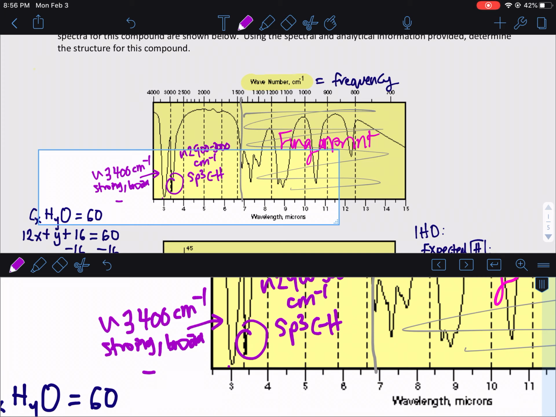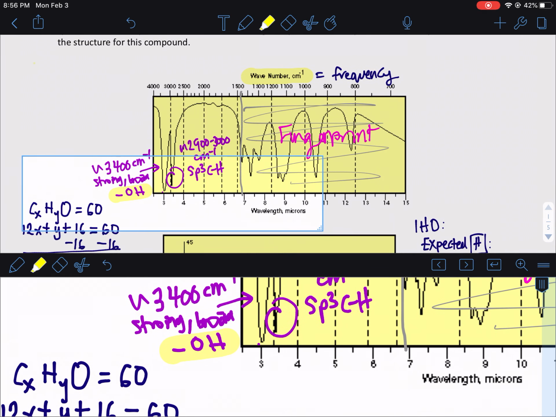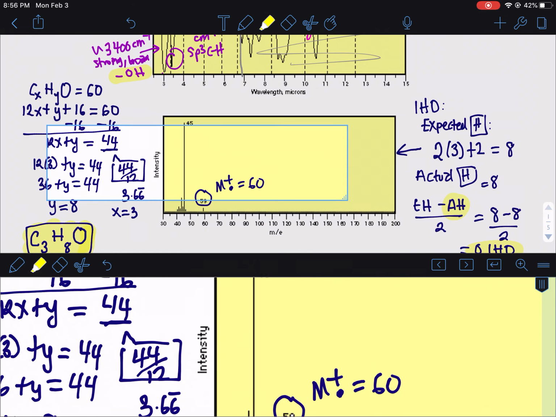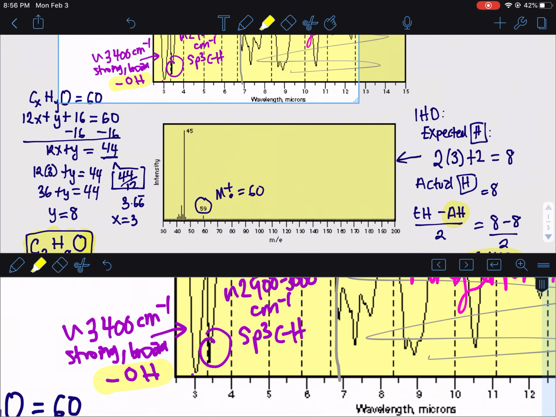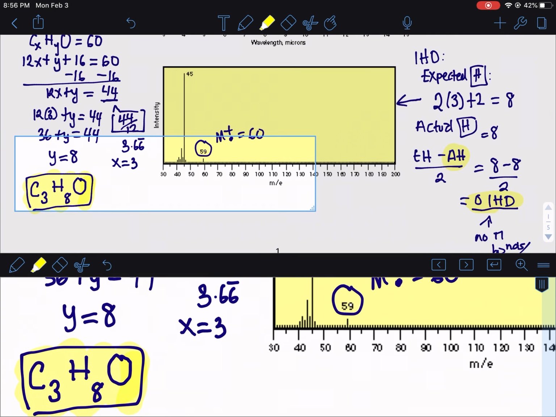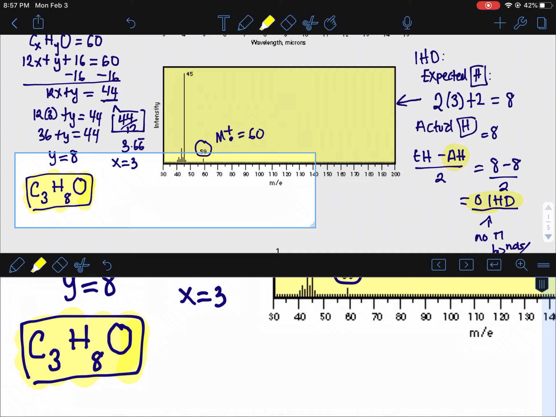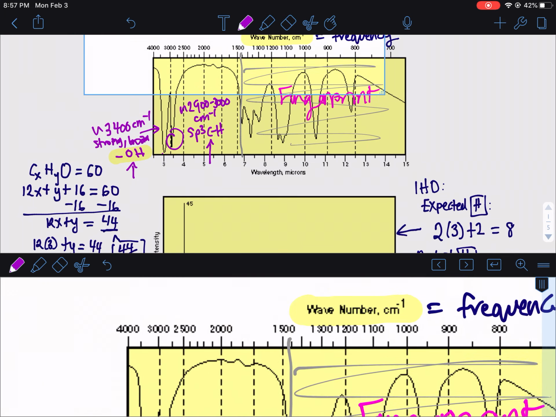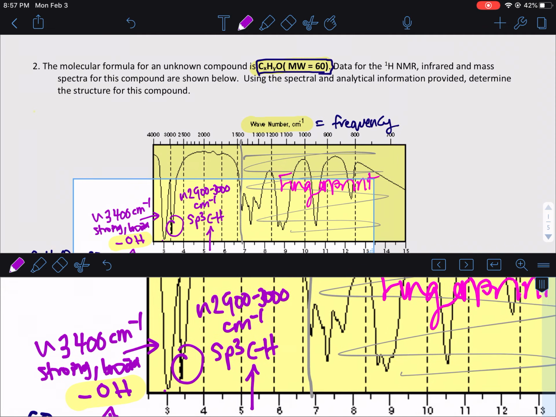This is very particular to an OH group, so we're going to have an OH group in our compound. So far we determined from our molecular weight and mass spec this molecular formula. We also determined that we have an OH group and an sp3 CH group in our compound. So that's what we know so far.